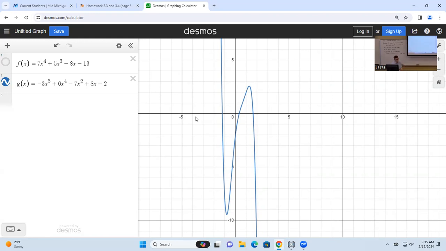As you move to the right, it shoots off to negative infinity. So this is the most interesting section of the graph. You'll notice that we have, like I said, 3 x-intercepts.